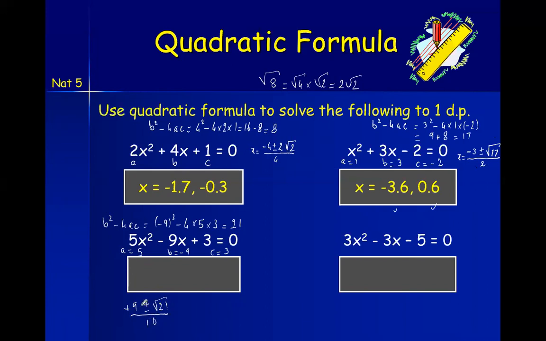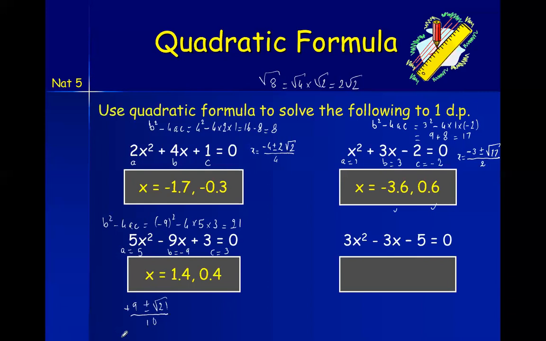So 9 plus root 21 gives 1.358, so 1.4. And the other one, 0.44, which is just 0.4.